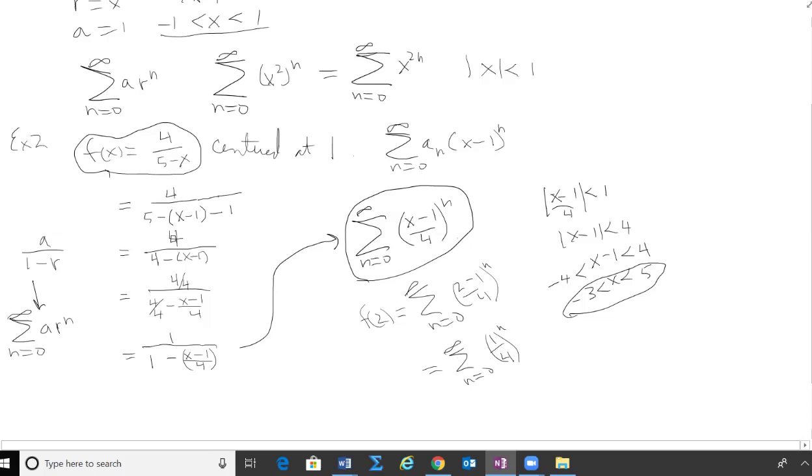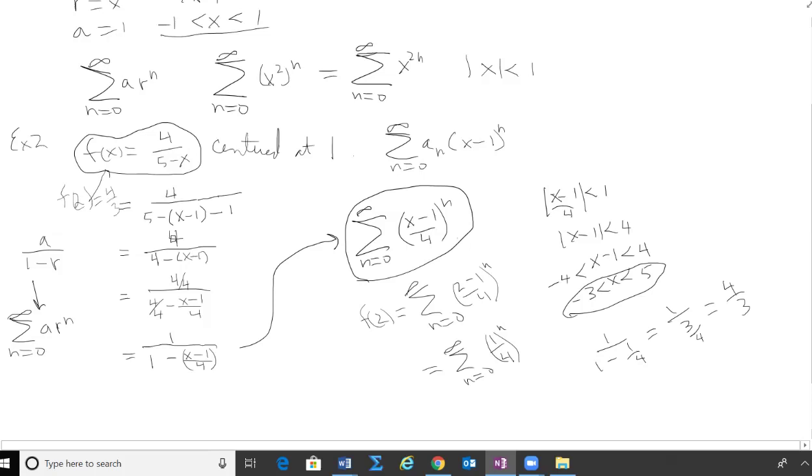Using our knowledge, we'd have 1 over 1 minus 1/4, which is 1 over 3/4, which is 4/3. And if you look at the original function, we see that f of 2 would be 4 over 3. And that's what we got.